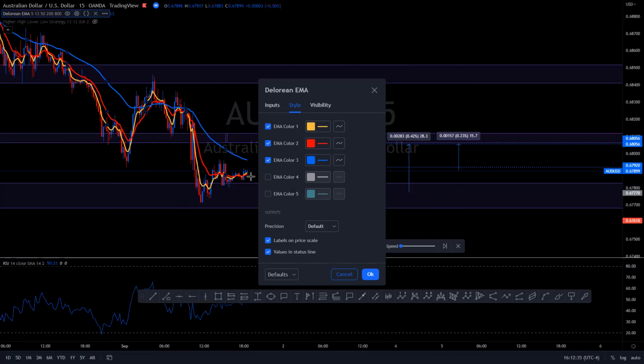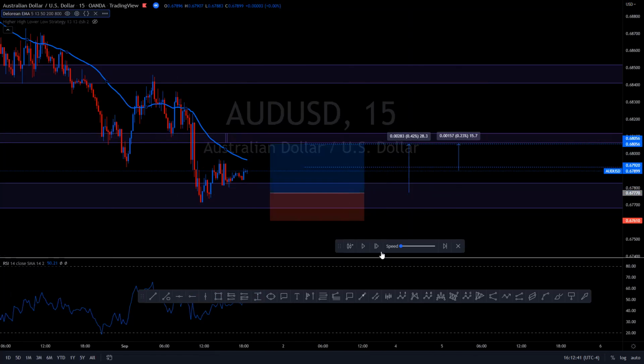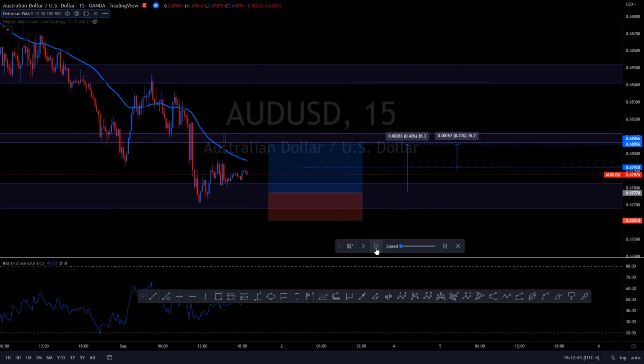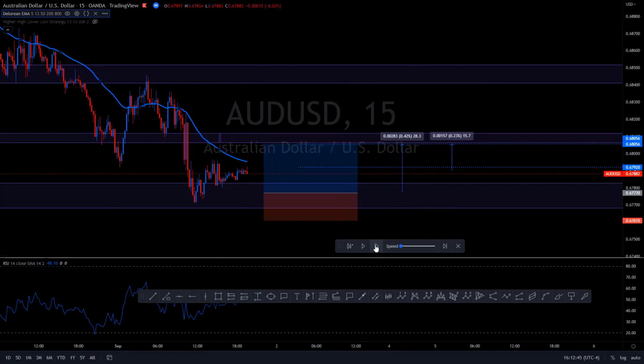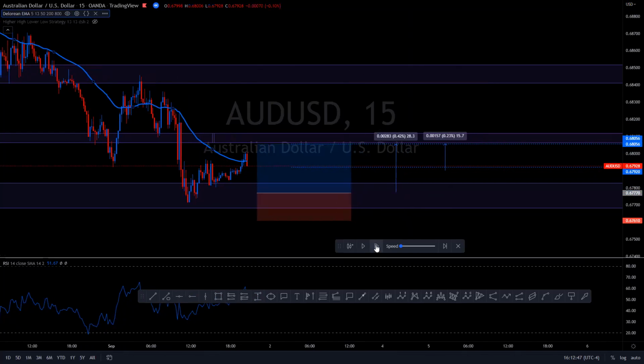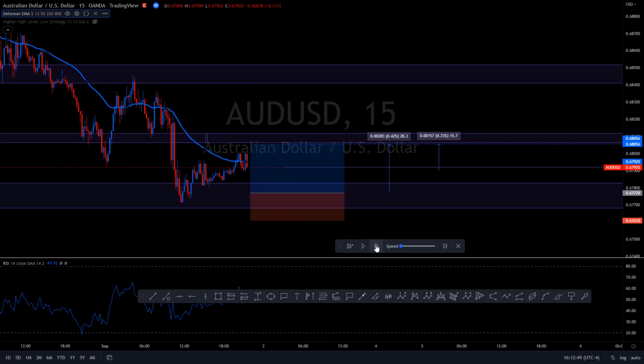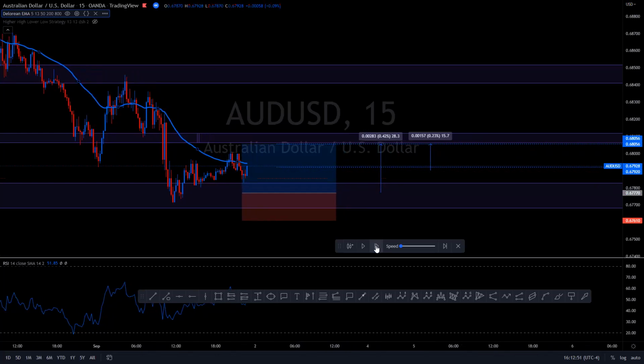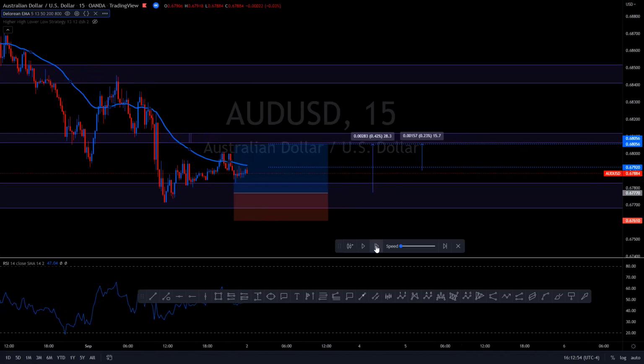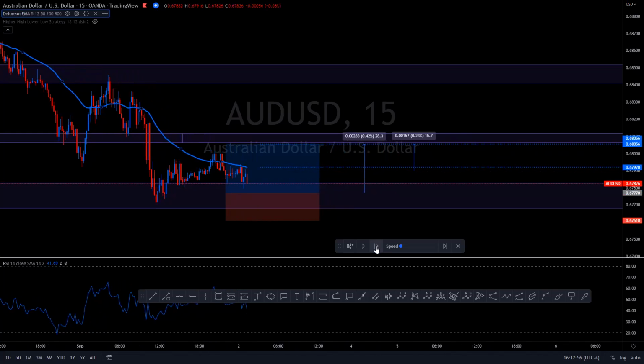Yeah, looks like it's curving. Looks like the yellow is above the red, so it might be going up. So let's see. Yep, so it looks like we are bullish. Let's see if we are correct.